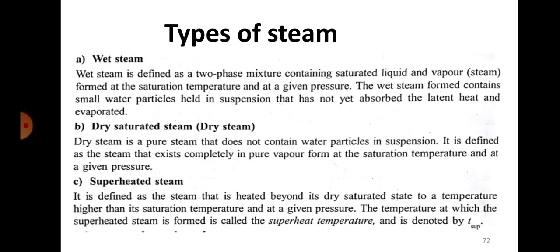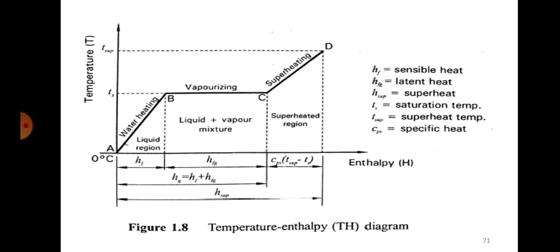Next one is superheated steam. It is defined as the steam that is heated beyond its dry saturation state to a temperature higher than the saturation temperature of the steam at given pressure. The temperature at which the superheated steam is formed is called the superheated temperature, and it is denoted by T superheated. Right, so we are talking about anywhere here.